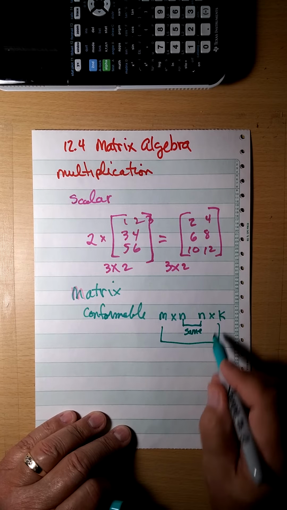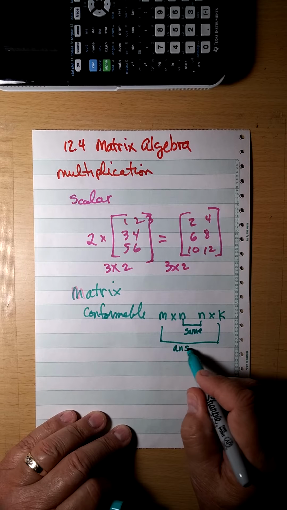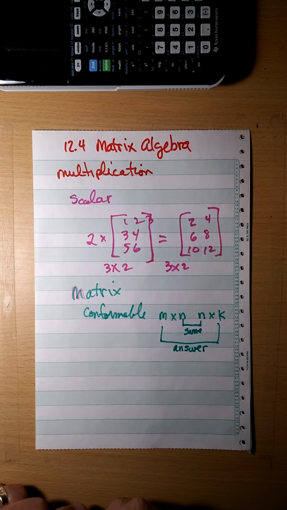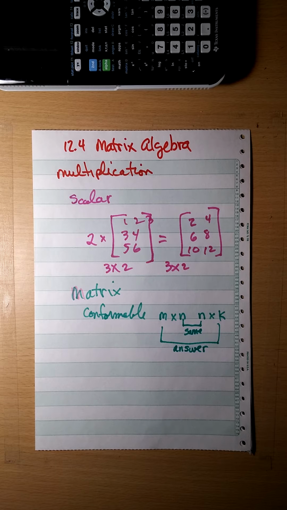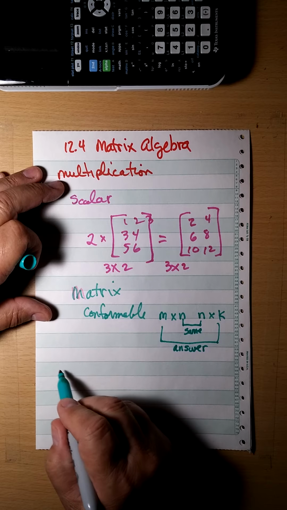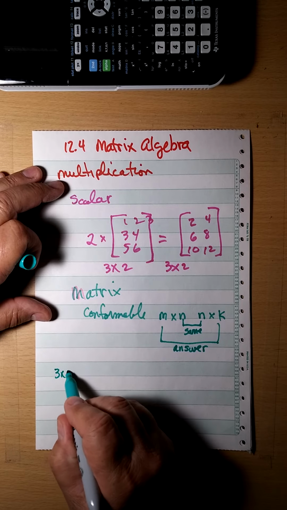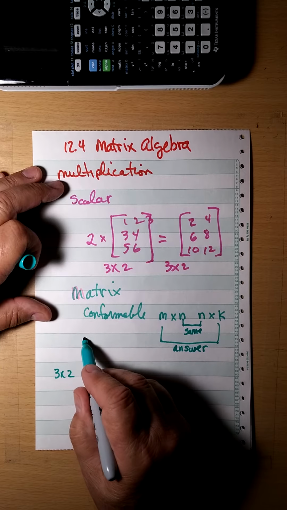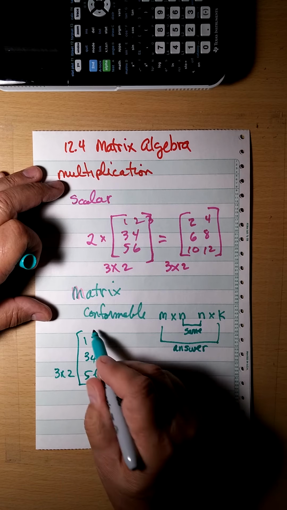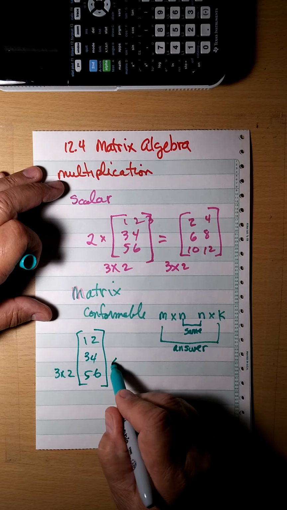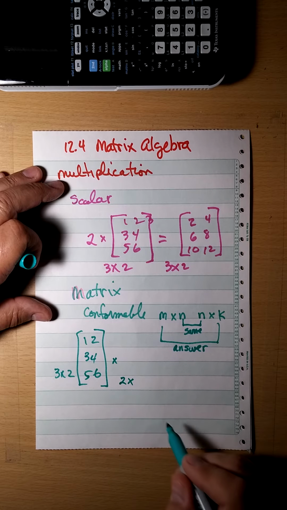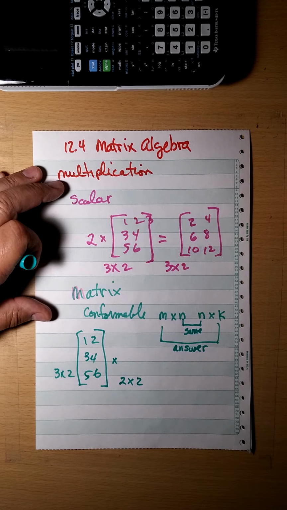The outer dimensions are what your answer is going to be, which can help you in determining how to do this. So, if we take, say, a 3 by 2, and we'll do the 1, 2, 3, 4, 5, and 6. 3 rows, 2 columns. In order to do matrix multiplication, the next one's got to be a 2 by something. Let's do a 2 by 2.